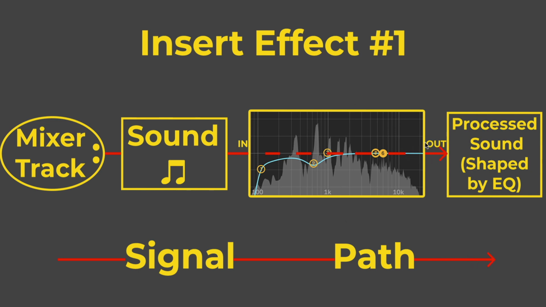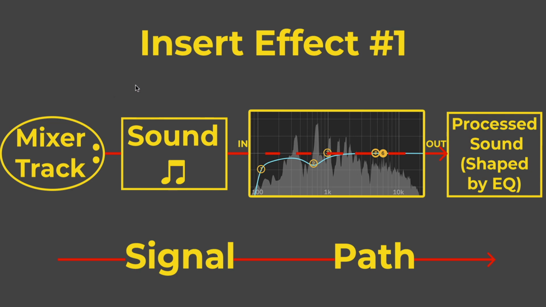So here's our insert effect then. In this case, it's an EQ, as you can see by the frequencies on the analyzer and the curve here. And it's been inserted directly onto the signal path, indicated by the red line here, that's on a particular track on the mixer.